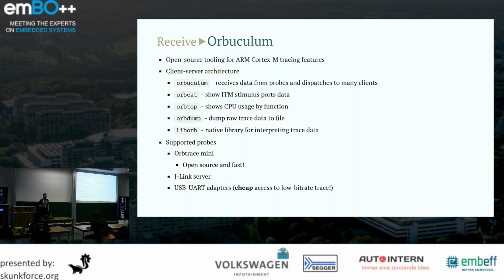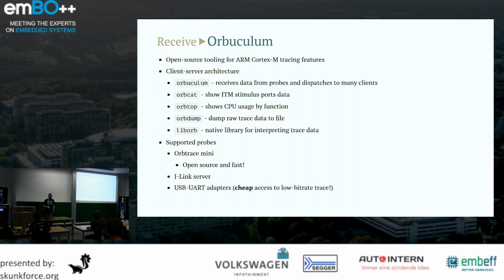It is using the PC sampling from the data watchpoint and trace unit, DWT, and works exactly like Top or Task Manager. OrbDump allows us to dump raw trace data to a file that we can process later using some scripts or another program.